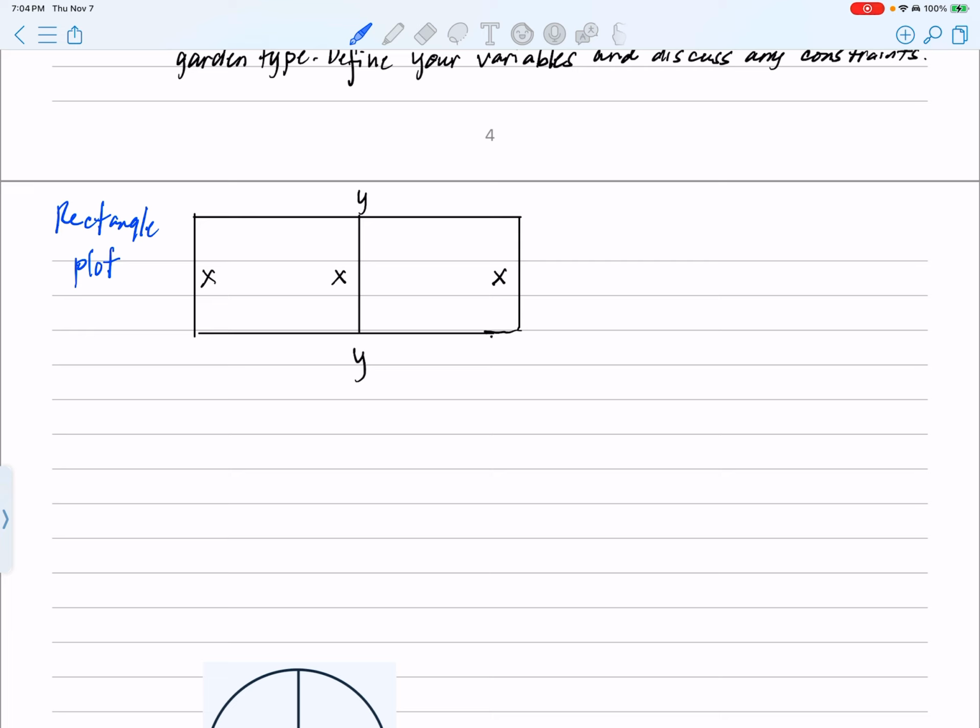And y represents the length of the rectangle.